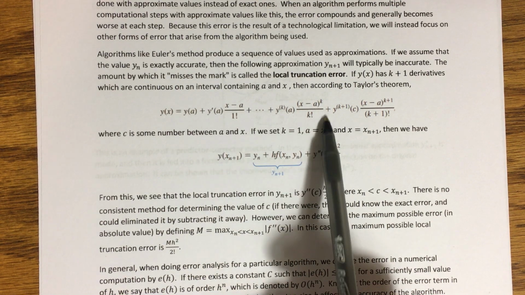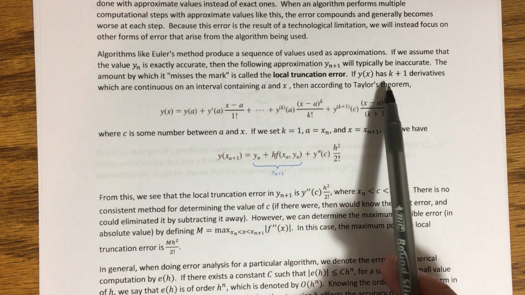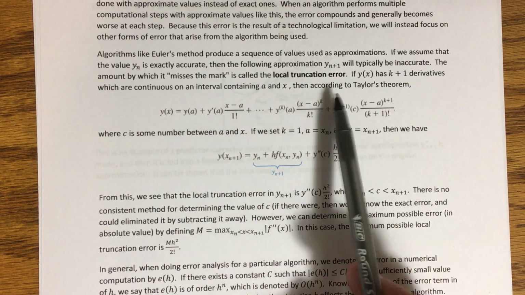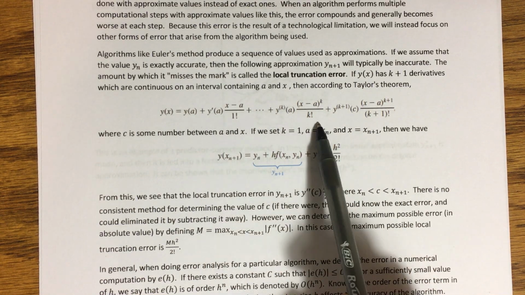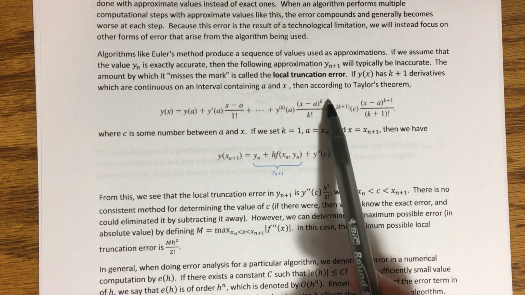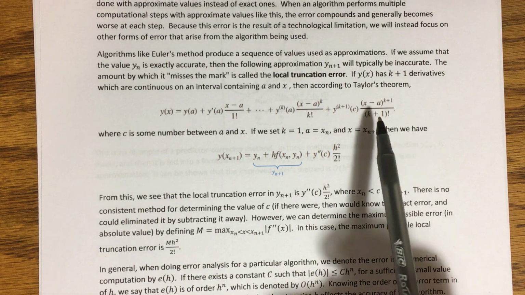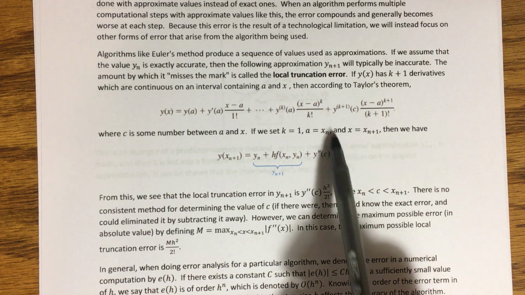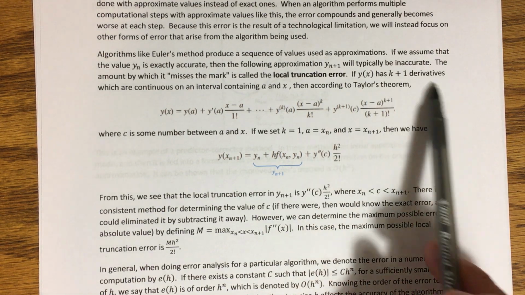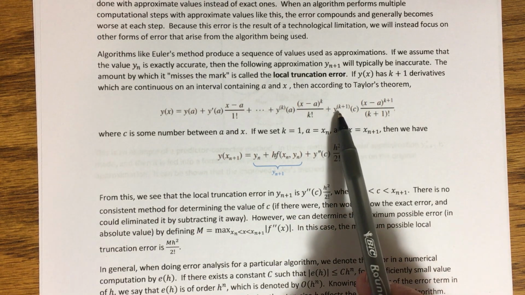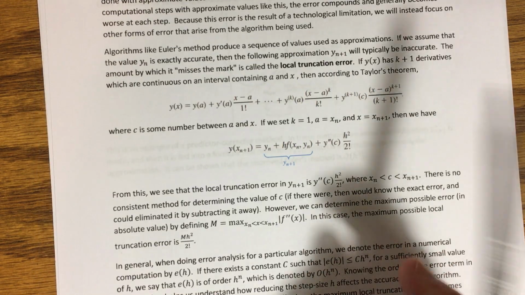So that's the Taylor polynomial. Now the function itself, if it's infinitely differentiable, can be represented by a Taylor series. But because we're cutting that Taylor series off right here, the remainder of that series is going to account for that error. Taylor's theorem takes all of that and summarizes it with a single term.